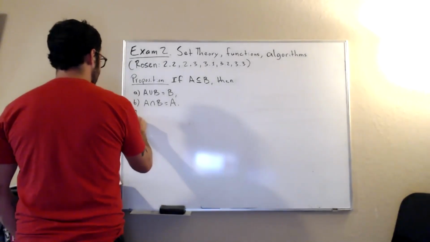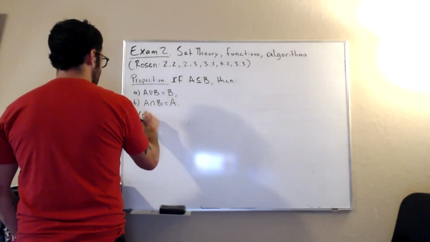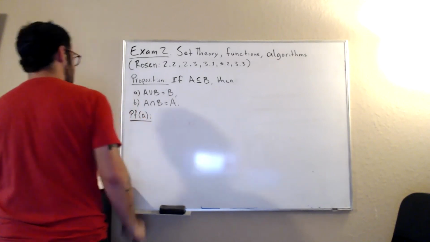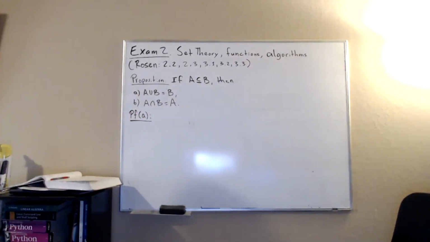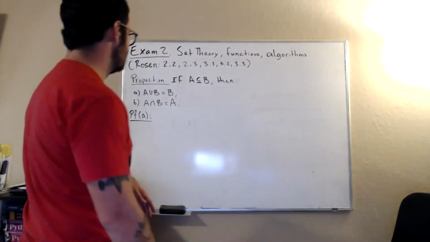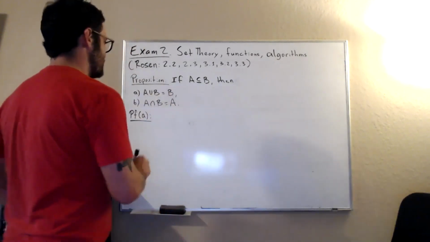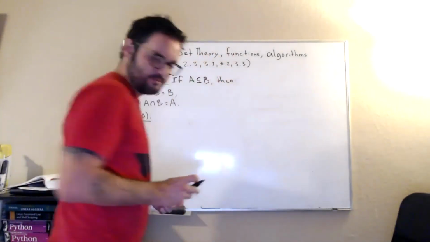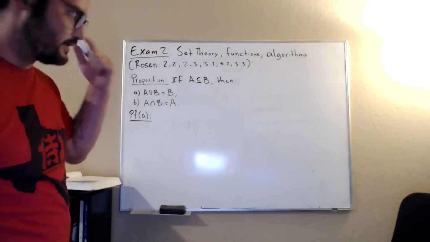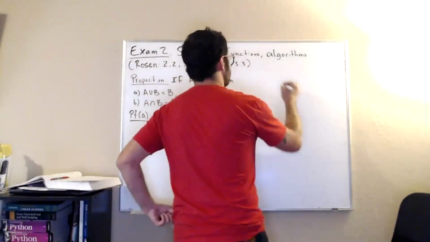So proof of part A. So the idea is to say, okay, what does it mean for two sets to be equal? You have to have that on hand in order to prove these types of things.